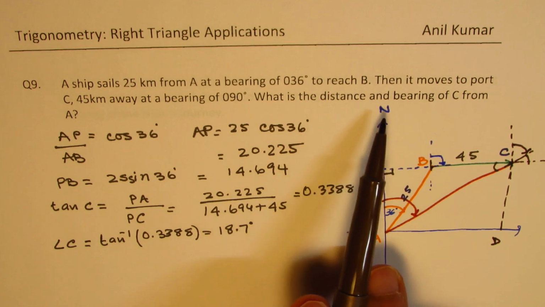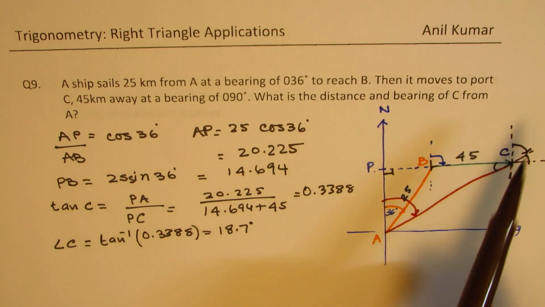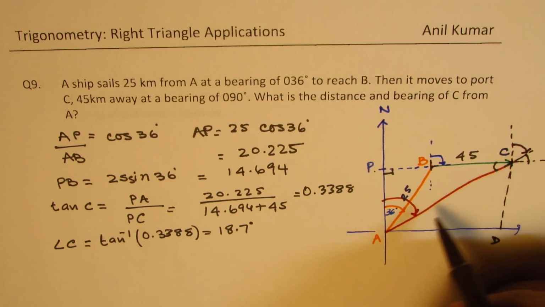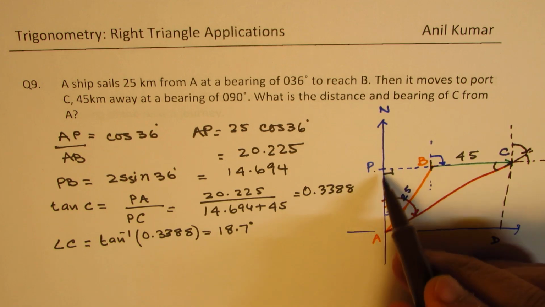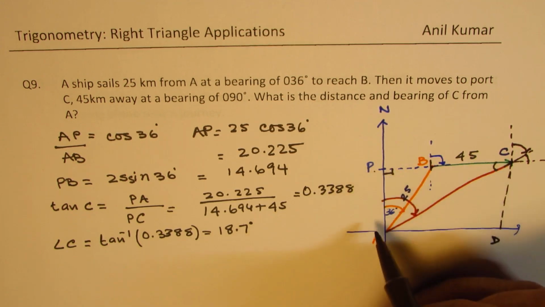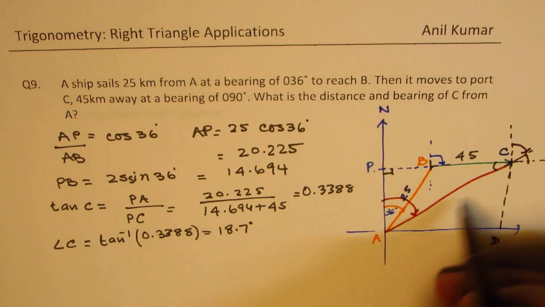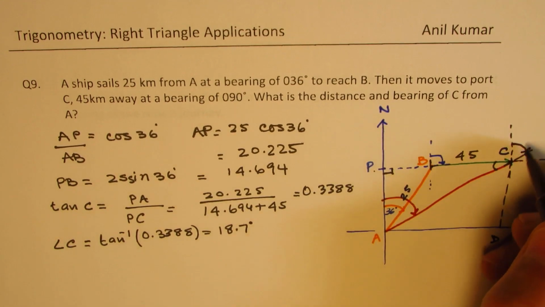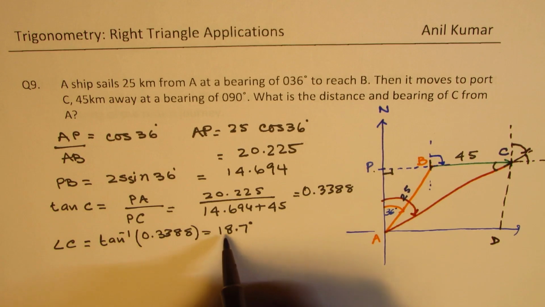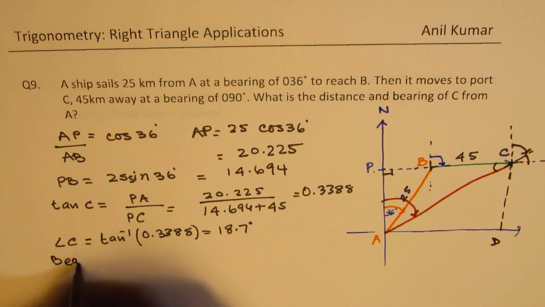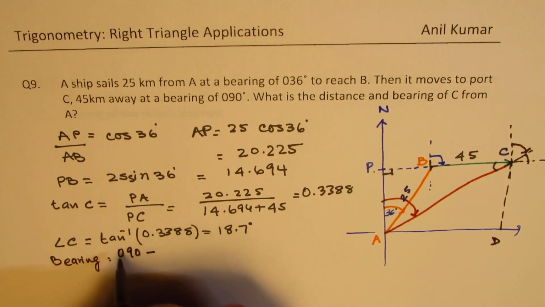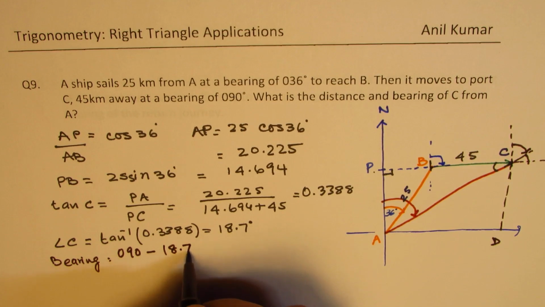So what is the distance and the bearing of C from A, right? So from A, we have to see the distance and bearing. Distance you can find using the Pythagorean theorem. PC squared plus PA squared, we can get AC squared, right? And the angle which we are talking about is the same as this angle, which is 90 minus 18.7. So the bearing is 090 minus 18.7 degrees, right?